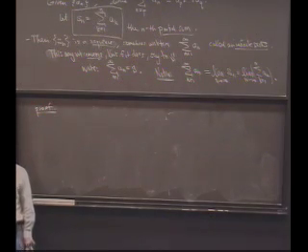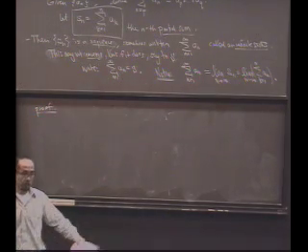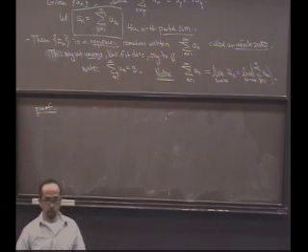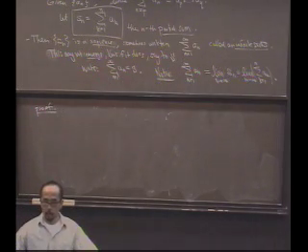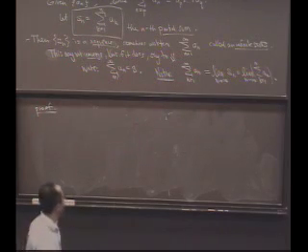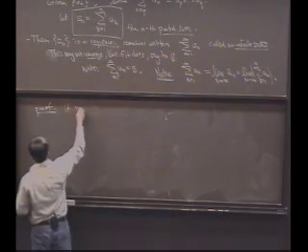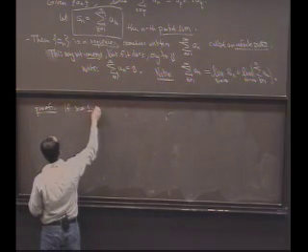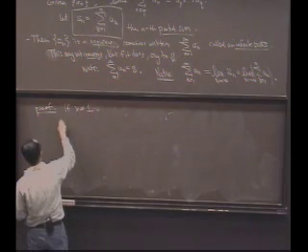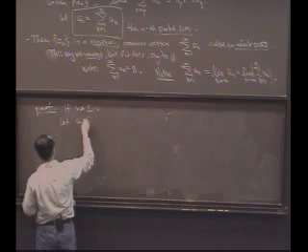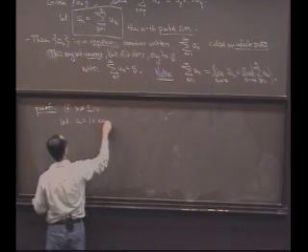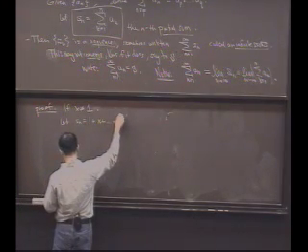Well, to show something converges directly, you should go back to the partial sums. What are the partial sums? Here we go. I'm going to assume for the minute x is not 1. Then I'm going to let Sn be 1 plus x plus ... through x to the n.